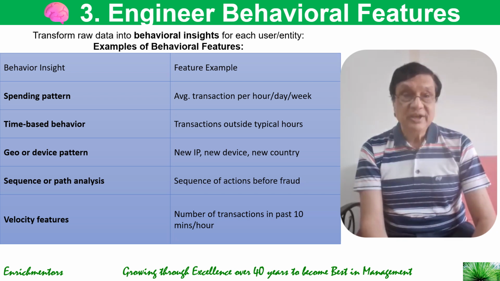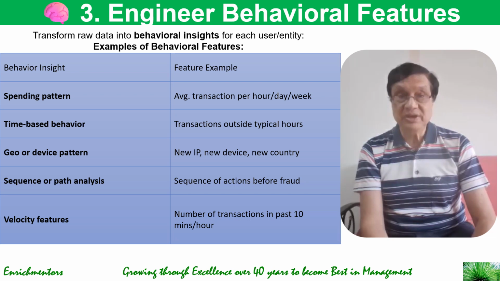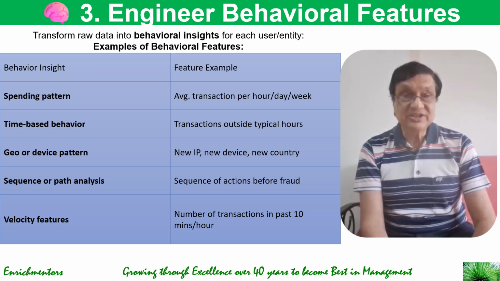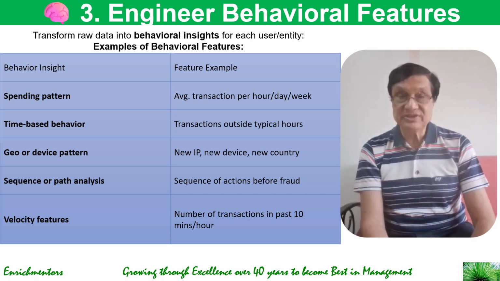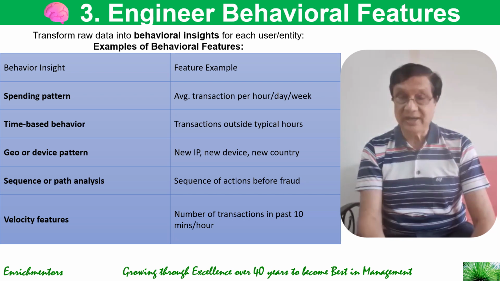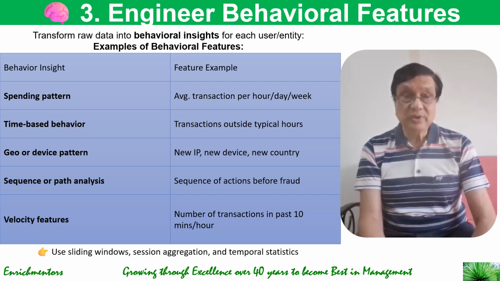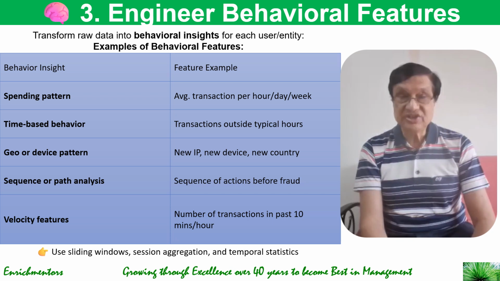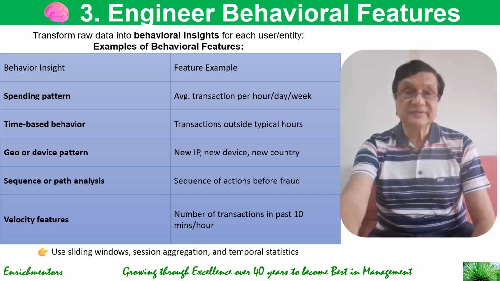For geo or device patterns, you will probably need to track features like new IP, new device, new country. For sequence or path analysis, you need to track the sequence of actions before fraud. And for velocity, the features might be the number of transactions in the past 10 minutes or an hour. Please remember, you can also use sliding windows, session aggregation, and temporal statistics. So that's what you can do in engineering behavioral features.